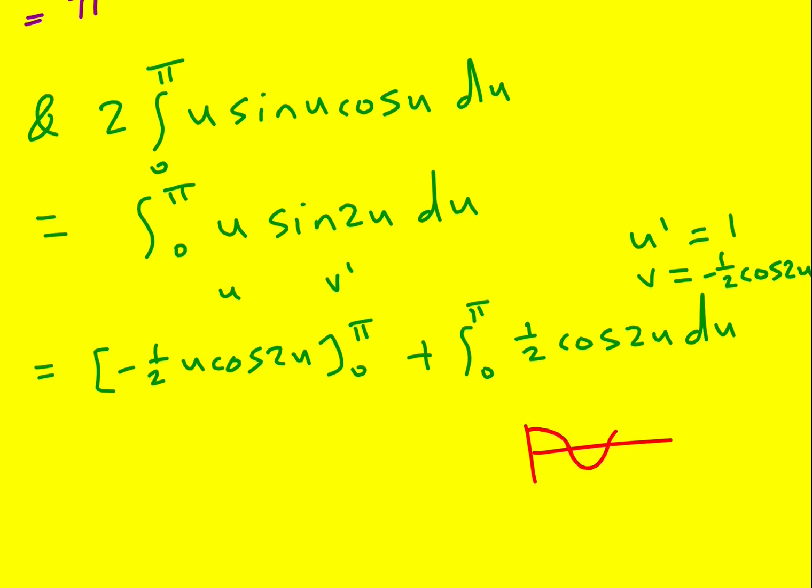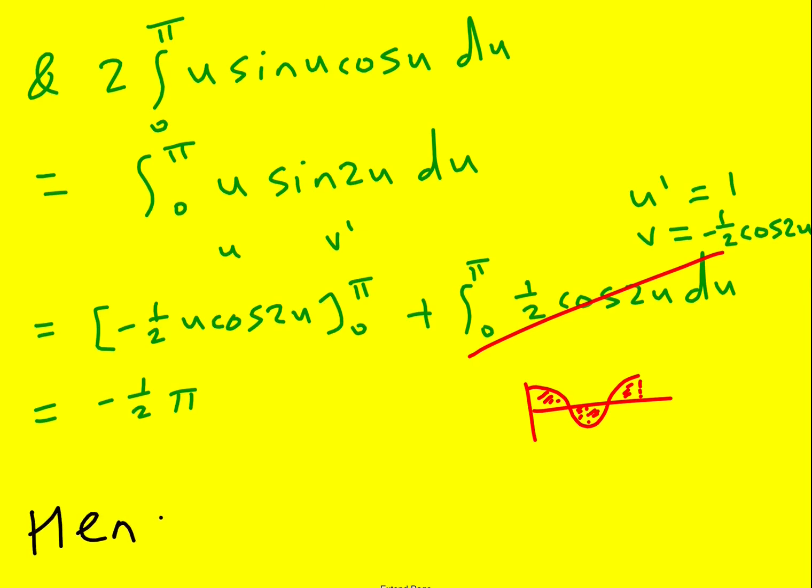All that's going to do is stretch it, and then this negative bit will cancel with this negative bit, and that negative bit will cancel with this positive bit. Hope I explained that all right. So again, that is going to be 0. Again, if you don't spot that, just integrate it. You'll get a sine 2u. When you substitute in pi and 0, it will be 0. So this will be minus a half pi times cos of 2 pi, which is just 1. And then when I put in 0, I'll get 0. So we've dealt with that.